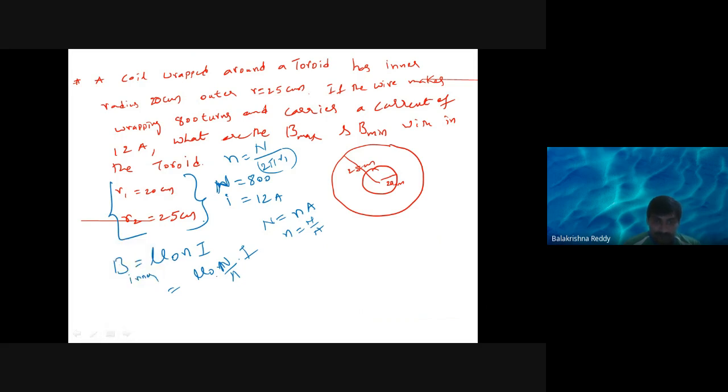Now mu naught is 4 pi into 10 to the power minus 7. N, the number of turns, is 800, divided by 2 pi R, with inner radius 20 centimeters converted into meters, 20 into 10 to the power minus 2. Next, I is 12 amperes.